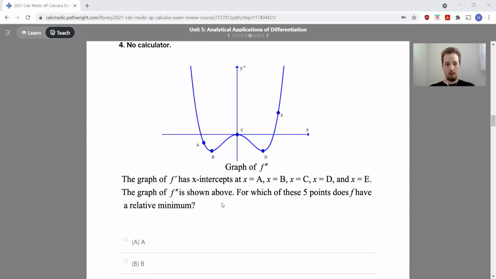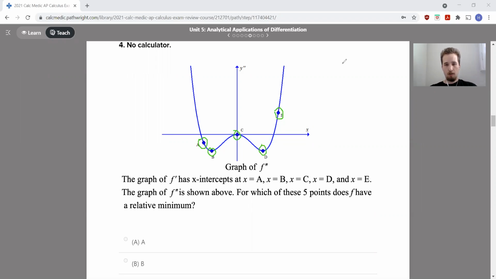Okay, this one's a bit of a tricky one. So this is a graph of f double prime. And basically, it's saying all of these 5 points are x-intercepts of f prime.